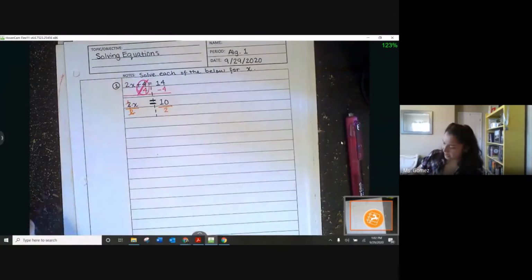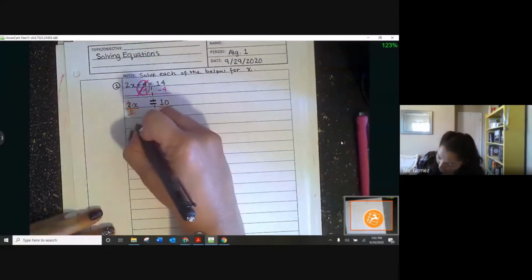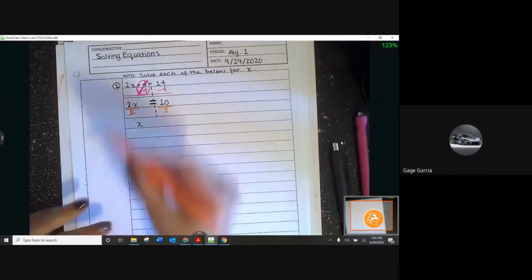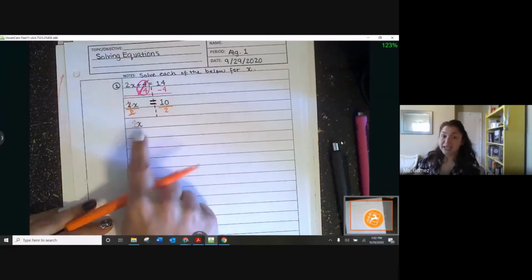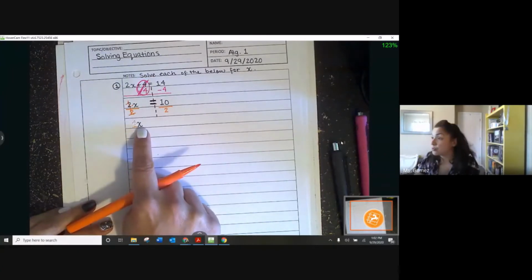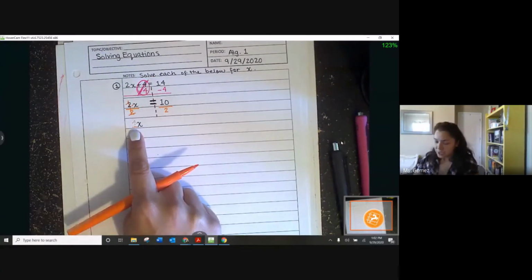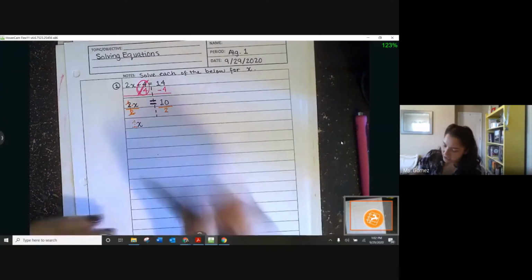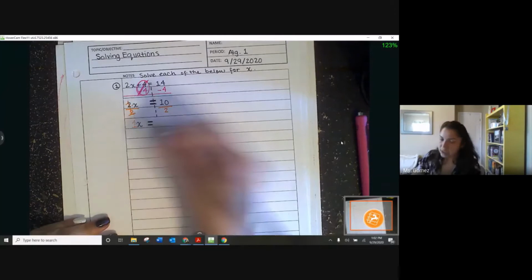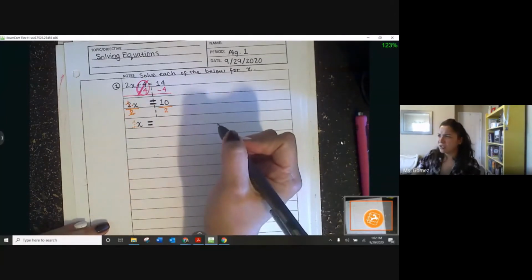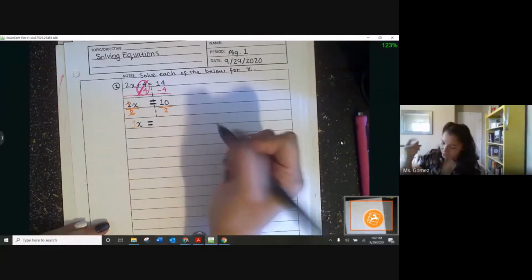You are correct. That is left with 1x. Do I have to write the 1 in front of it? No, just x because it's 1 by itself. Because there is an x already, it's assumed that we have one of them. Okay, so then 1x, don't forget the equal sign because everyone seems to forget it, equals how much? 5. Okay.